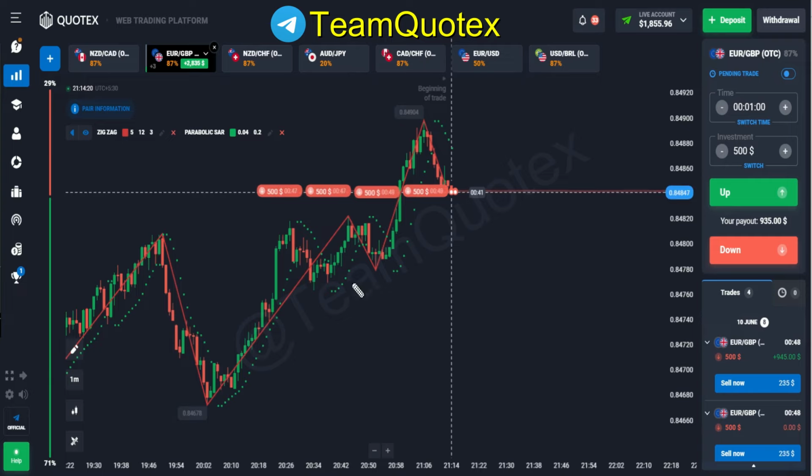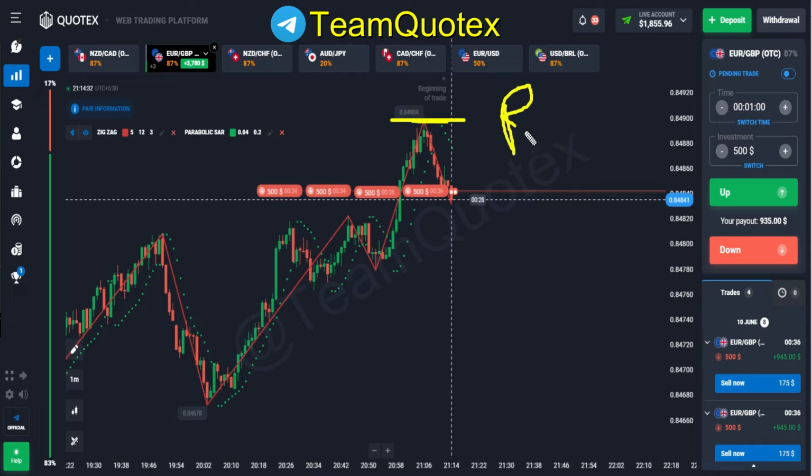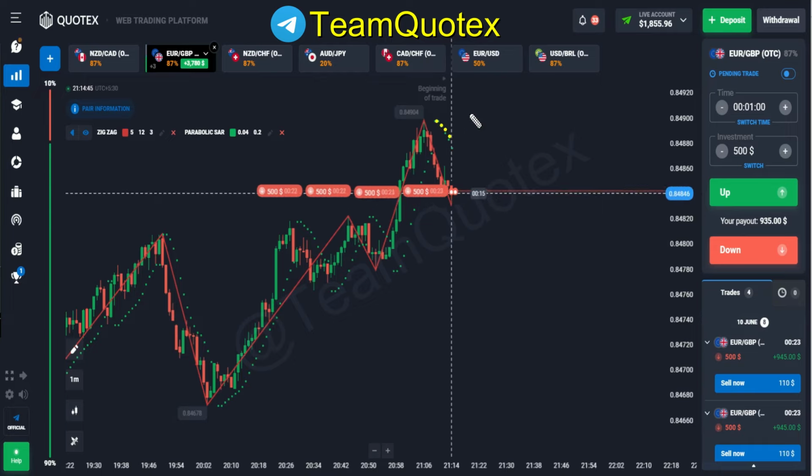In the last video, guys, I taught you that we have to see where these dots are. What is the position of these dots? I know this is a level of resistance, and the market is getting rejected from this point and coming in down direction. Also, as per the last strategy, these dots are indicating this market is going to be in down direction, guys.